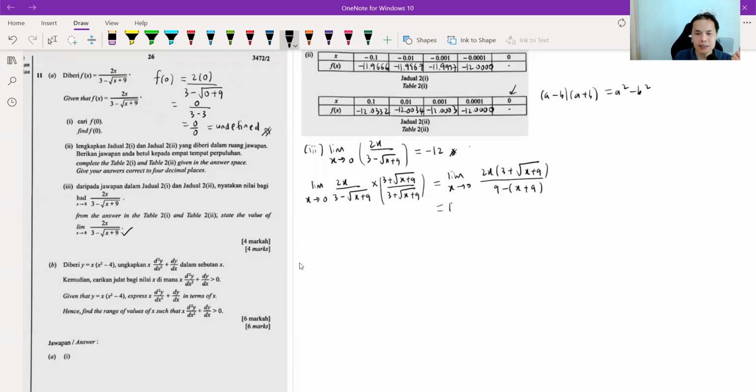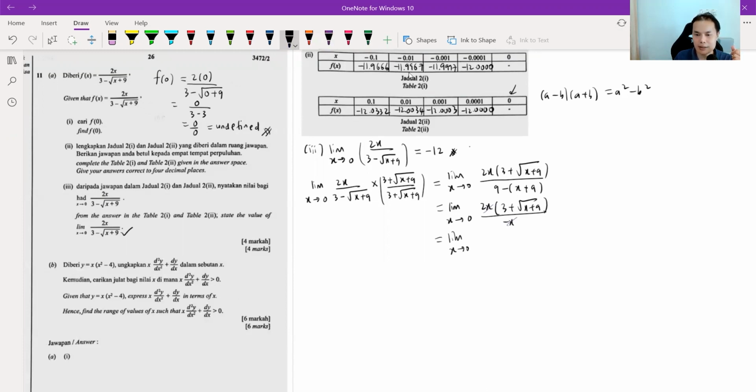Now, let's simplify this further. This would now be 2x with the 3 plus square root x plus 9 divided by 9 minus x minus 9, which is negative x. 9 minus 9 cancel out. And we can cancel your x here, cross out the x from here and here. So I'm left with a negative, right?